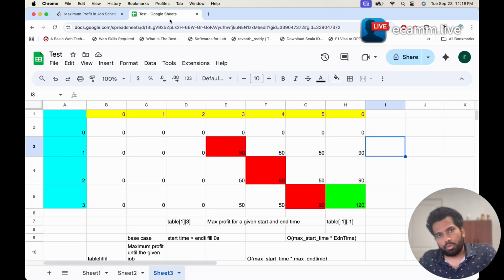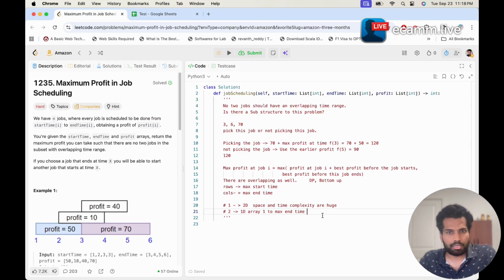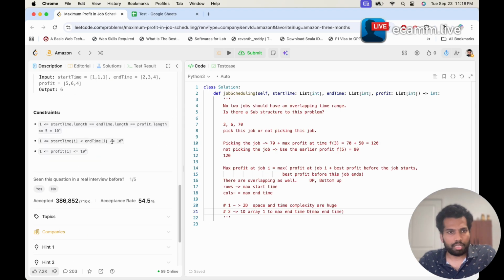So we can still use the same logic that we applied for 2D and apply it for the 1D, but the problem still exists. The space complexity would be 0 to the max end time, and the max end time, as we saw here, is 10^9.